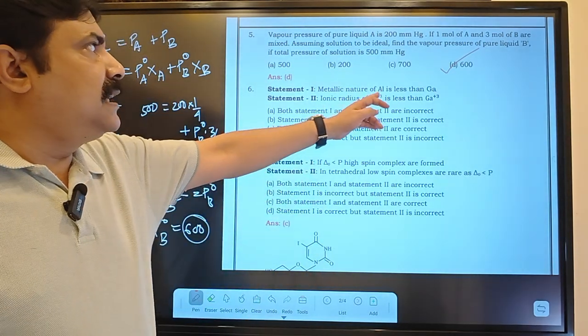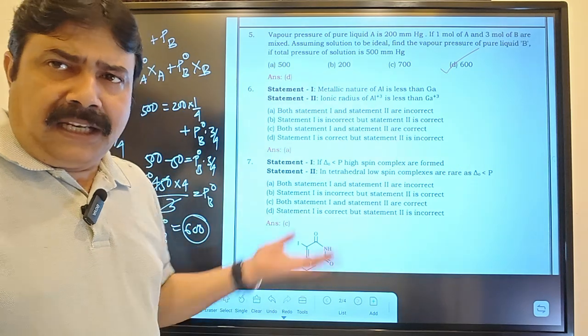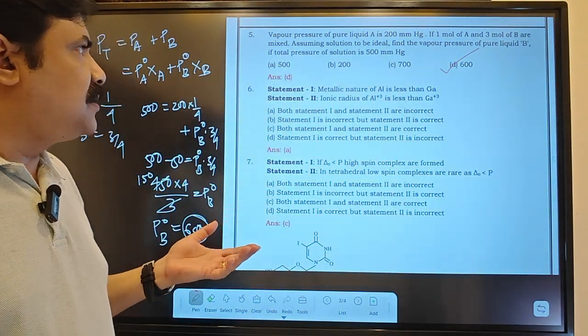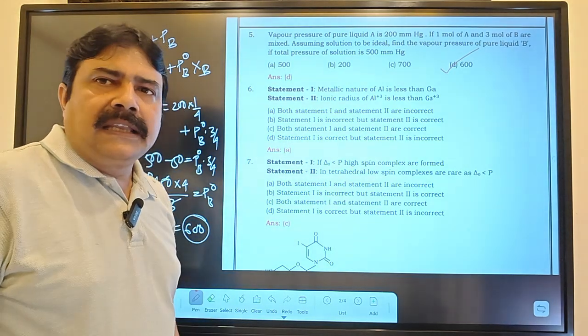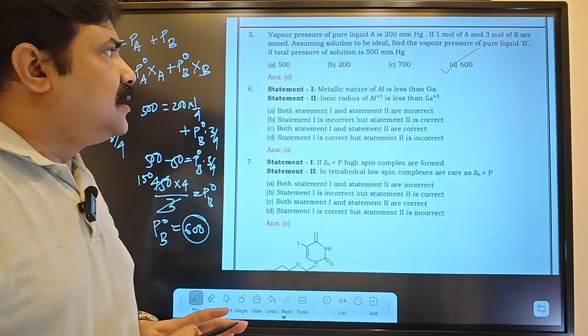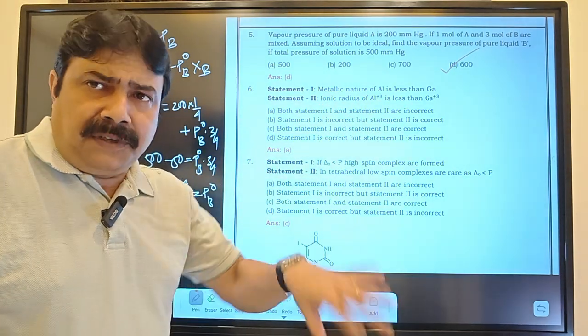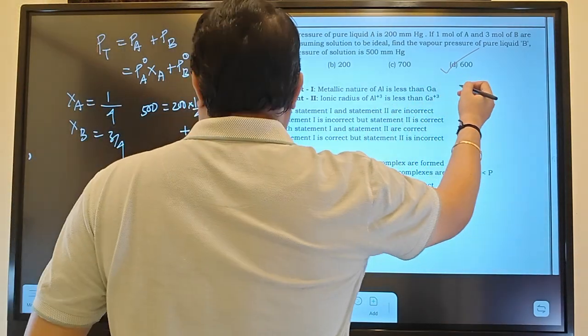They are telling that metallic nature of aluminium is less. Aluminium is more metallic, with more tendency to lose electrons compared to gallium. Now the question is, ionic radius of aluminium plus 3 is less than gallium. Gallium has a smaller size; they are telling aluminium is less than gallium, but gallium is less than aluminium. Why? Because the idea is like that, you know very well.